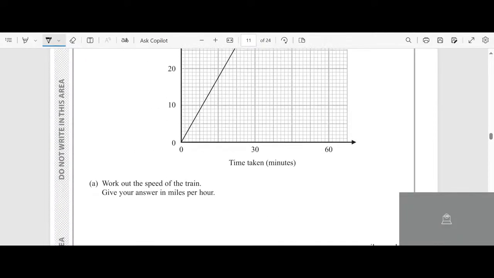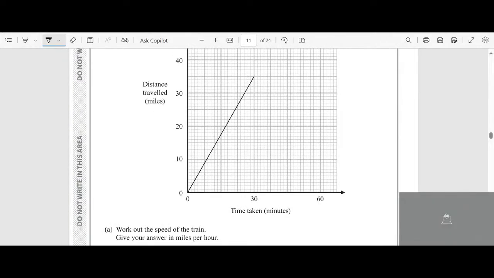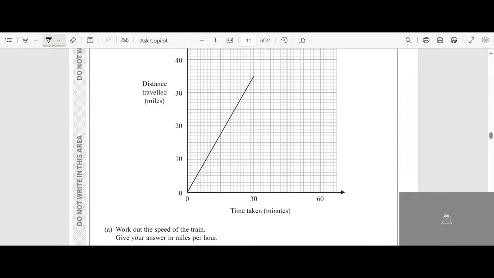Then you are asked, work out the speed of the train in miles per hour. So this is 30 minutes, it means half an hour. So we know that the time taken is half an hour. And the distance traveled, it is looking at the arrow going up. So if this is 30 and this is 40, it has arrived at the halfway, meaning it is 35. So the distance is 35.